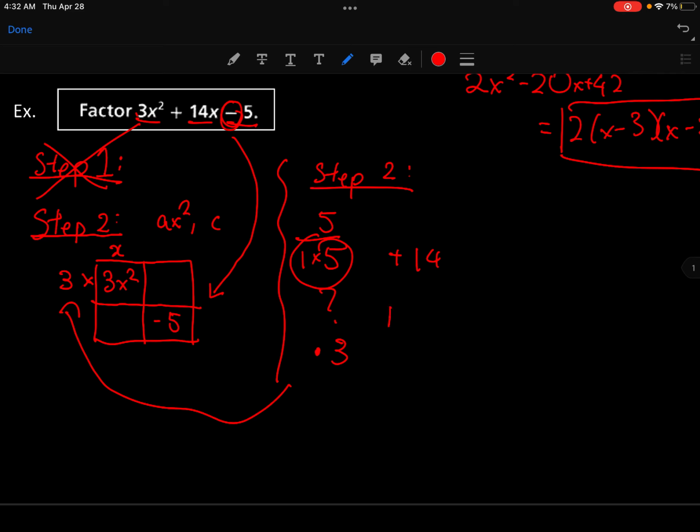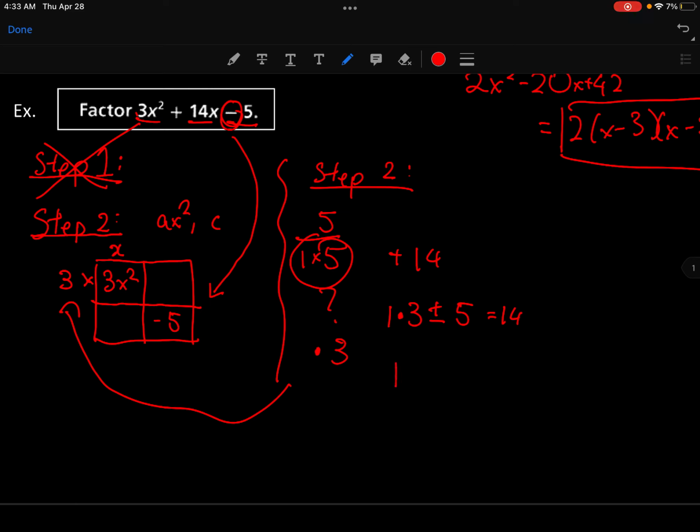Well, let's try 1 times 3 and 5. Can we somehow get 14 using these two numbers? Can we add or subtract them? The answer is no. We can only either go as high as 8 or as low as 2.